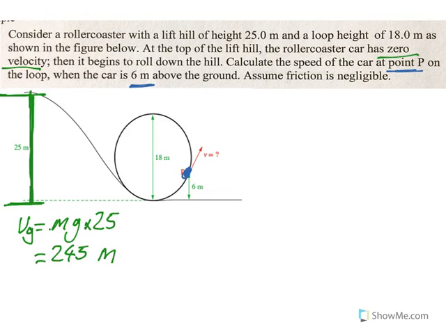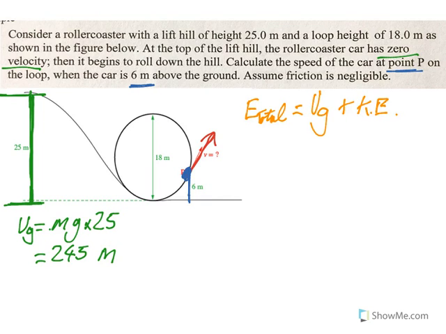What we're interested in is how fast this thing is going at that point, which is 6 metres above the ground. The object has a total energy, which is some gravitational plus some kinetic.